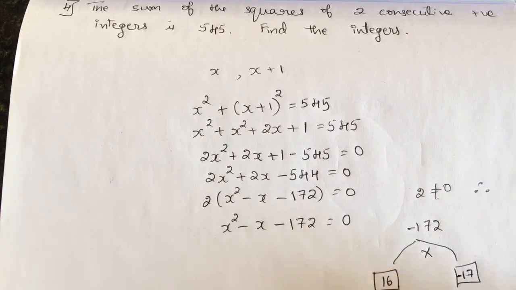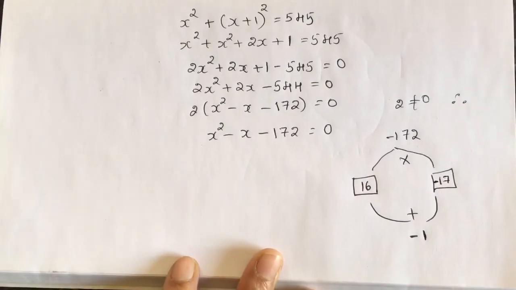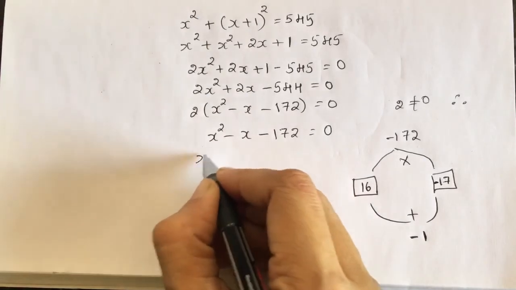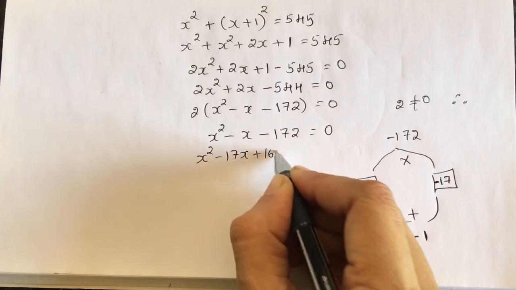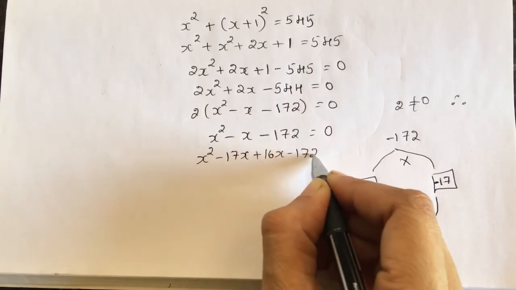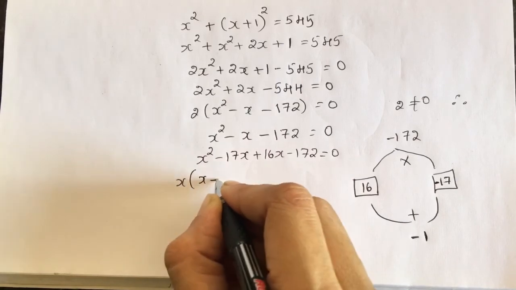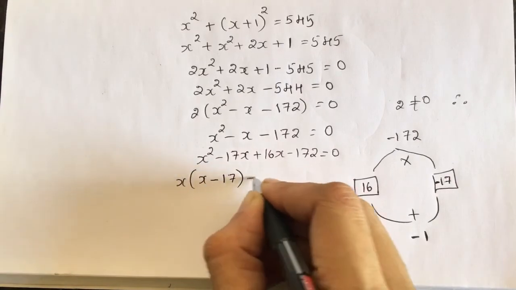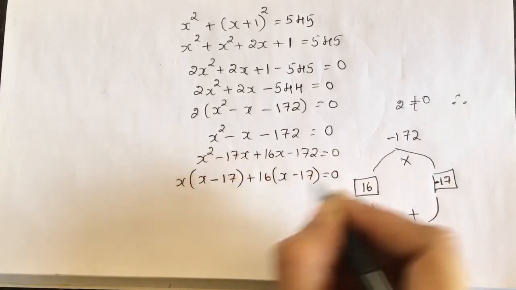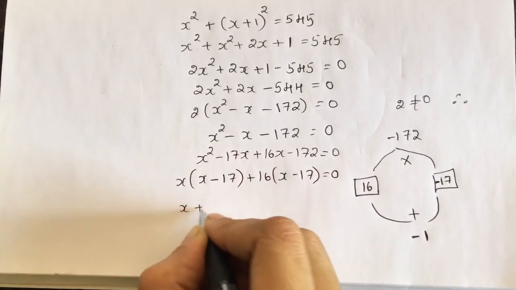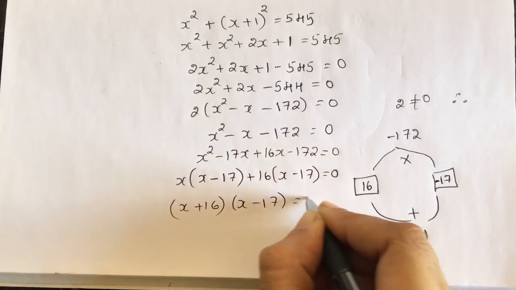So the larger number should be minus 17. I'm sorry. Yeah. Now I'll split this. X square minus 17x plus 16x minus 172 equal to 0. If I take x outside, x minus 17 plus 16, x minus 17 equal to 0. X plus 16, x minus 17 equal to 0.